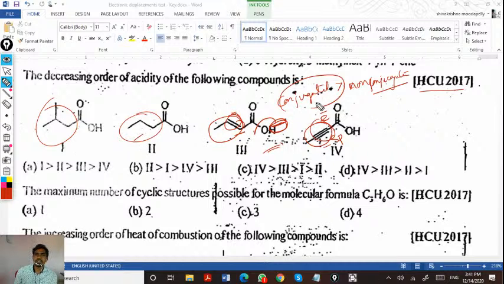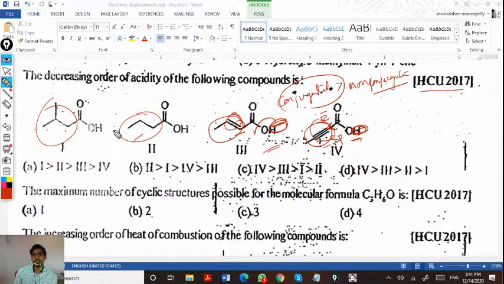So here the mesomeric effect is not required, just with the simple inductive effect you can arrive at the answer. So sp carbons are more electron withdrawing, a good withdrawing group, so it can stabilize the carboxylate ion, which is formed by the proton donation. So 4, then 3, and after this the acidity of 2 and 1.